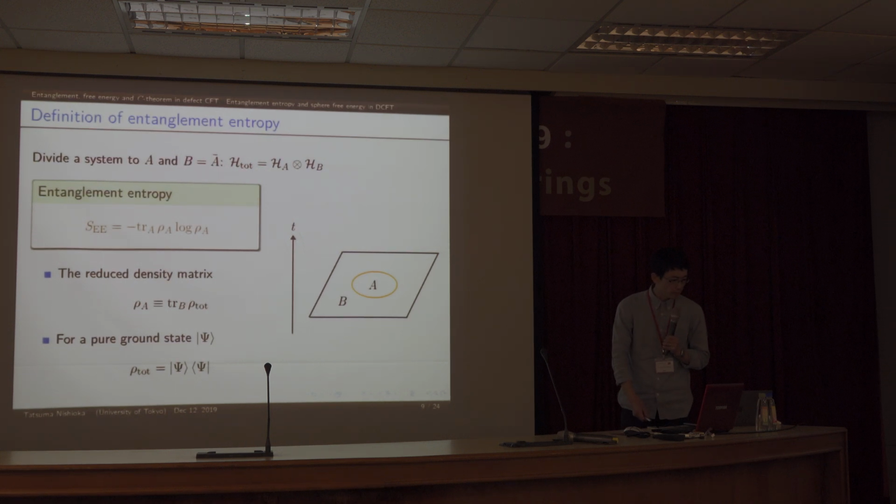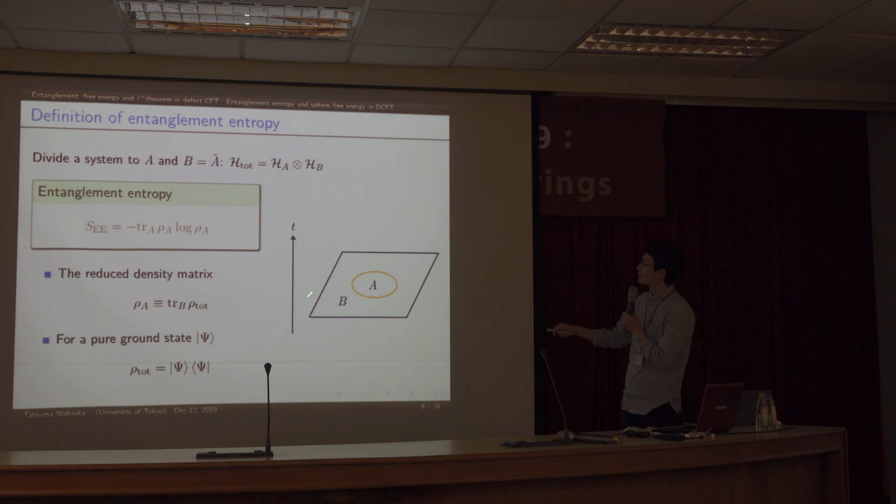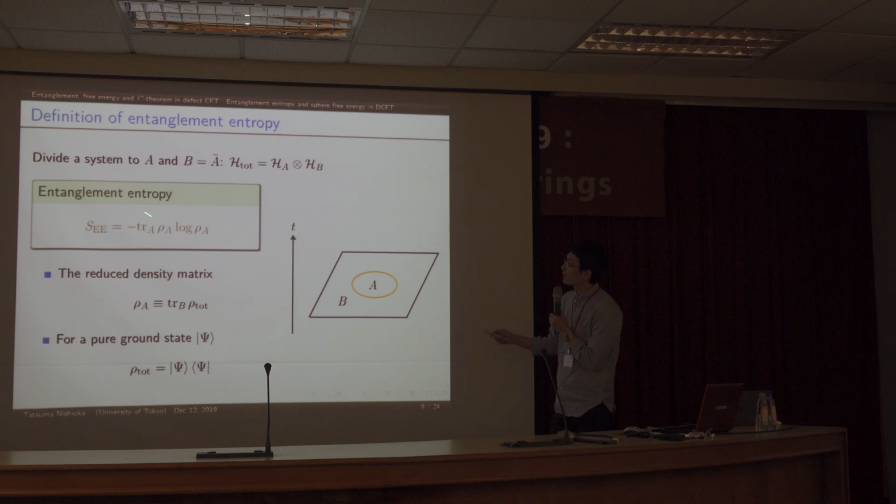Let me briefly remind you how to define entanglement entropy. First, without defects. To define entanglement entropy, we take a time slice, say t equal to 0, and we divide space into two regions, A and B. We define entanglement entropy as the von Neumann entropy of the reduced density matrix.